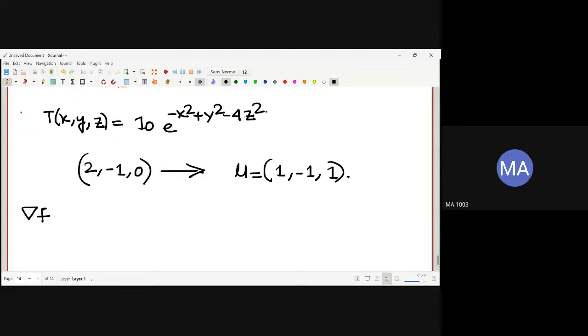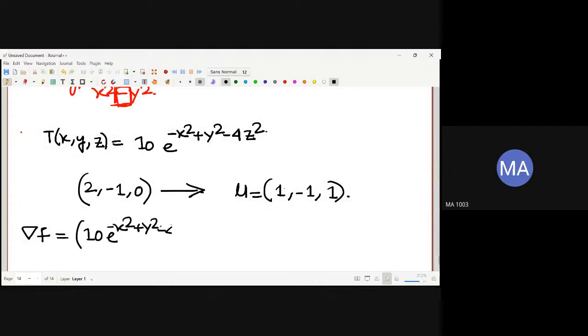So if you are computing the partial derivative of this function with respect to x, this is 10 times e power minus 4z square, right? Times minus 2x. Yes, sir.